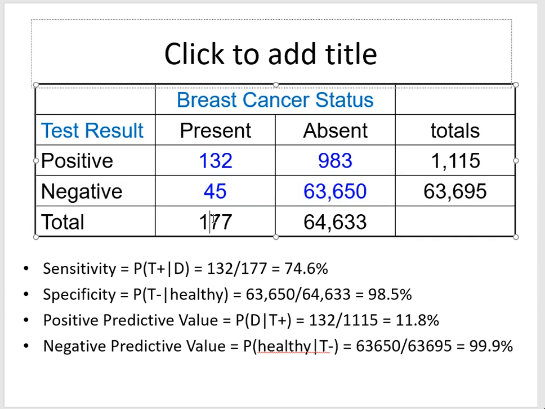Of note, in this specific example, the prevalence of the disease, if I take 177 and divide it by the total of both, is about 3 per thousand, which is quite rare. But this is just to serve as an example.